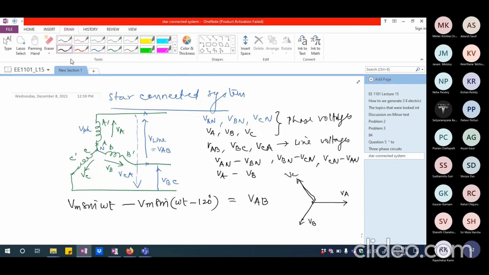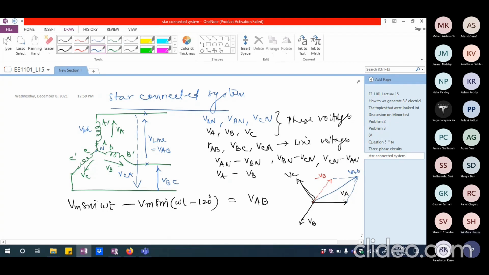Now if I want VA minus VB, first of all, I have to take this VB to the other side. So this happens to be minus VB. So I have to add VA and minus VB, and I'll be able to get VAB. This is VAB, which you will get as root 3 times VA.